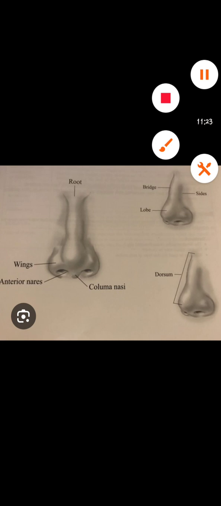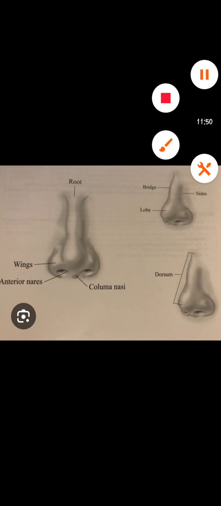The muscle responsible for influencing the form of the columna nasi is the orbicularis oris, not to be confused with the orbicularis oculi. This is the orbicularis oris. The orb of the oculi, remember, is the eye sphincter.